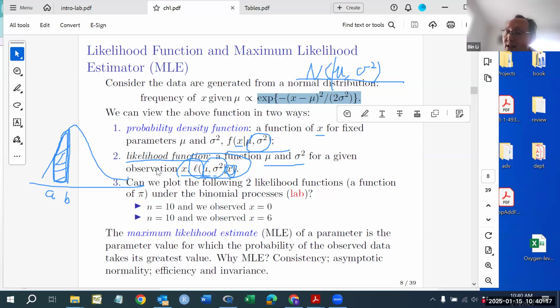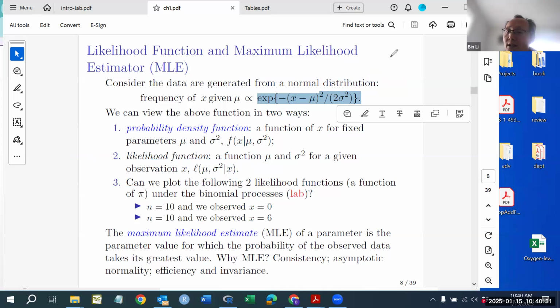Because we can use it to estimate the most likely value for the parameter given what we observed from the data. So that's the difference. Make sure you understand it. These are very basic and fundamental concepts in statistics. Sometimes people tend to ignore them, but they can really help you understand statistics and probabilities.